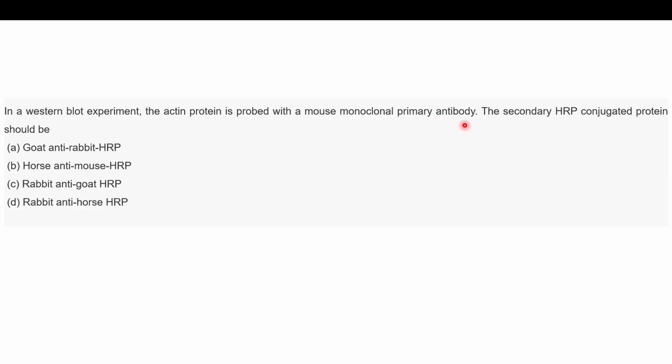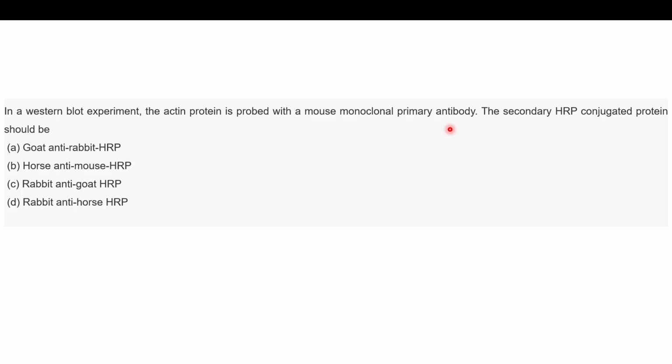So this primary antibody has been developed in a particular organism. In this question, it is mouse. It can be rabbit, horse, or goat. Now this primary antibody is injected into another organism, and it will act as an antigen in that system, and the other organism will develop antibodies against this antigen.